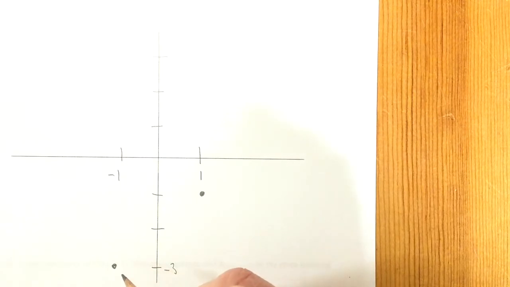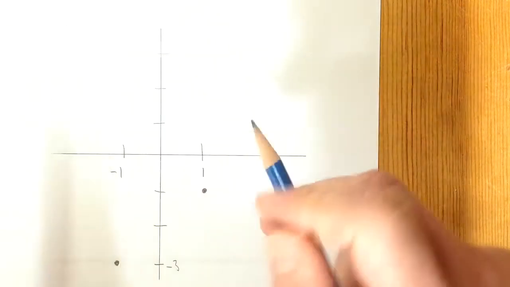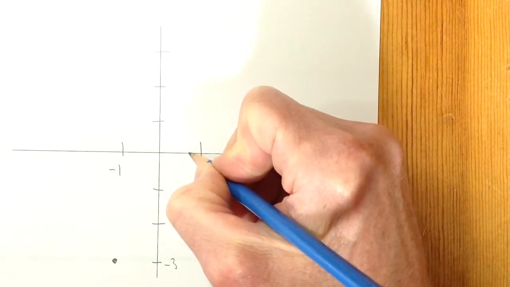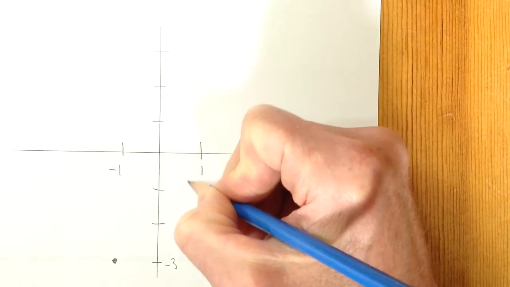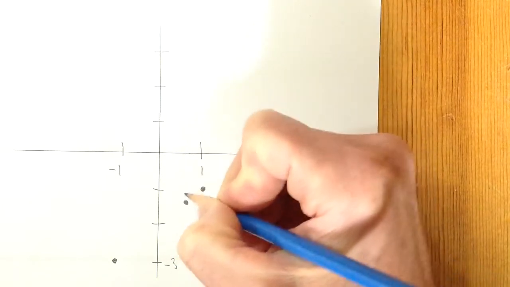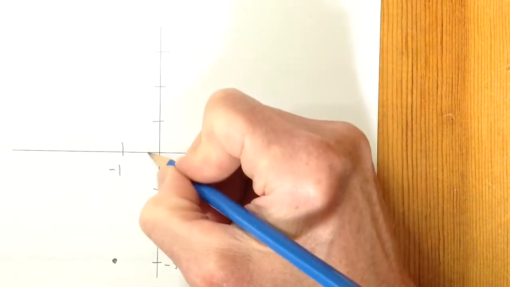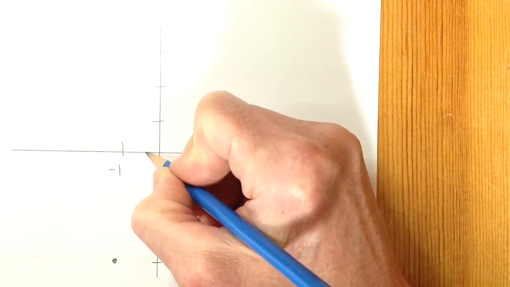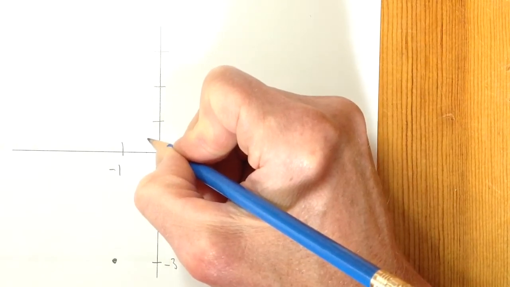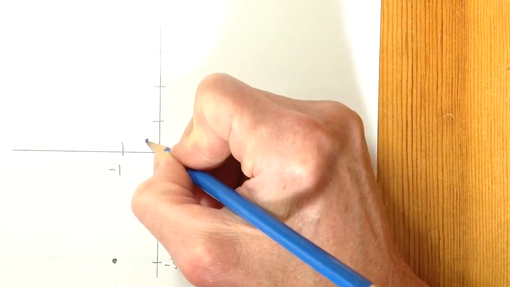And then in the middle, our max and min are 0.743, -1.36. 0.743 is about 3/4 here, and it's -1.36. So here's -1, so maybe around right here. And then the maximum was -0.299, so negative about 0.3, somewhere right here, and 0.339. This is 1, so about a third of the way up there, right? That is the maximum.